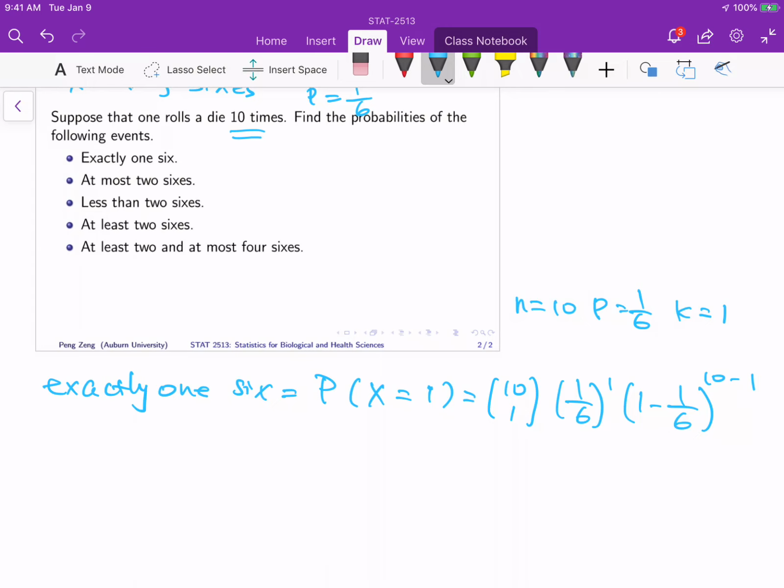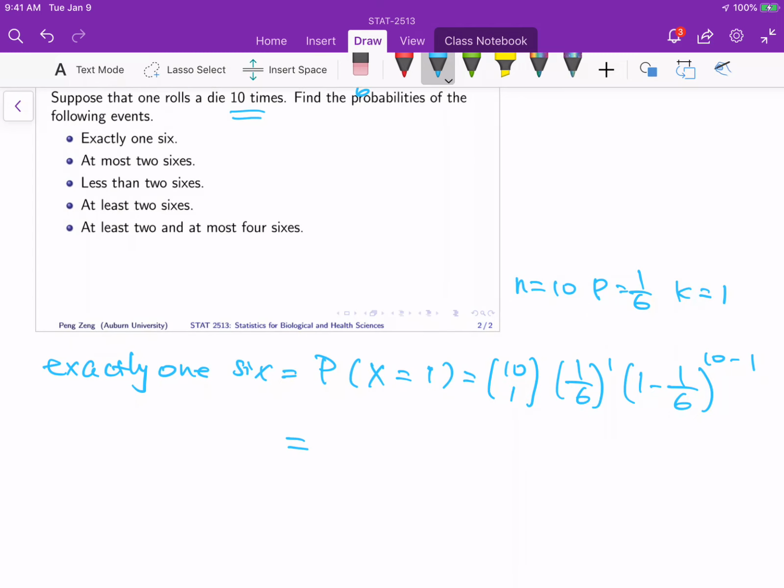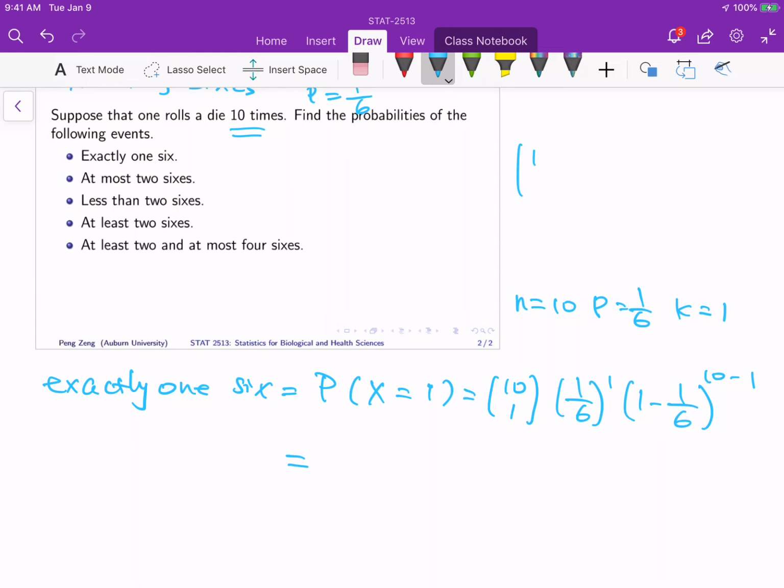Okay, so now let's evaluate the value. 10 choose 1 is a ratio of two products. Because k is 1, both the numerator and denominator only involve one integer.